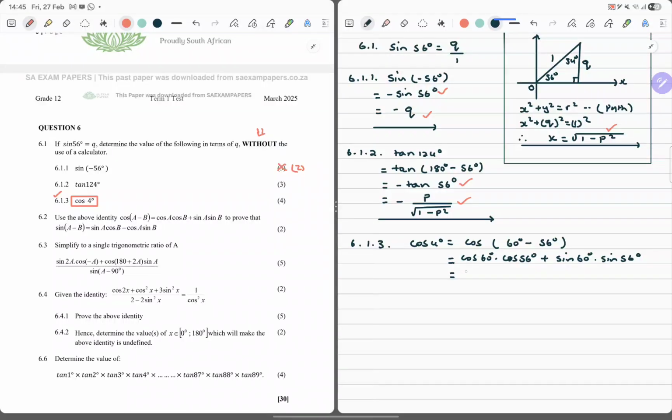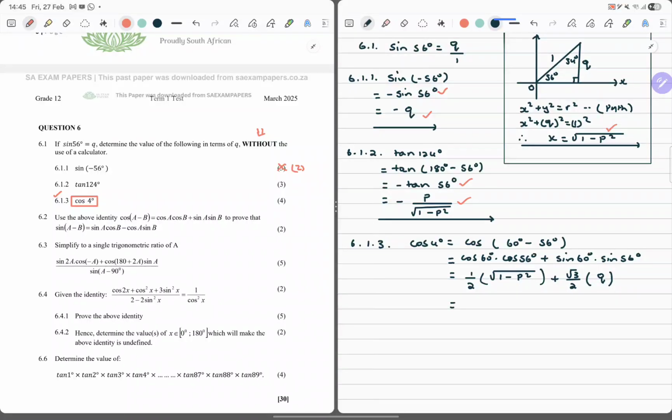So this is equal to cos of 60, using our special angles, it's actually a half, times cos of 56, it's just going to be root of 1 minus p squared, plus sine of 60, this is root 3 over 2, times sine 56, we were told it's q.